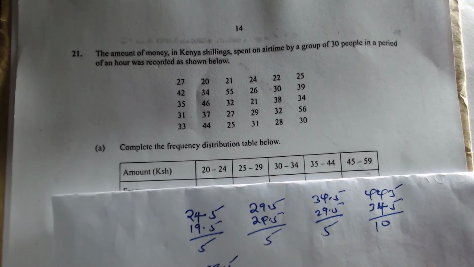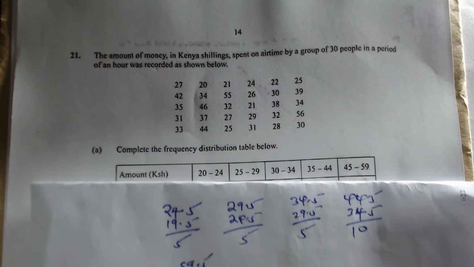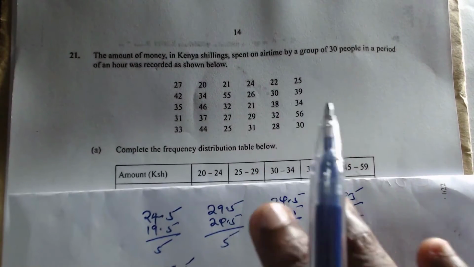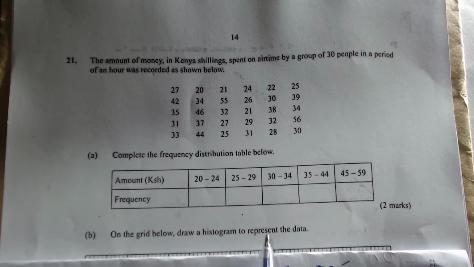So as you can see, the class sizes are different, and since they are different, you need to know to draw the histogram, that is the second part, you need to have another column. You have to introduce the frequency density.